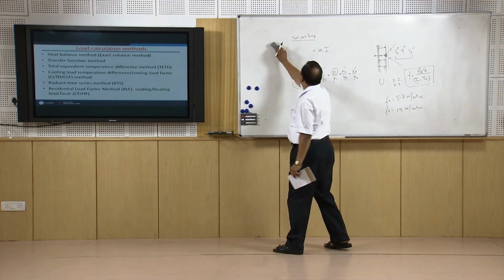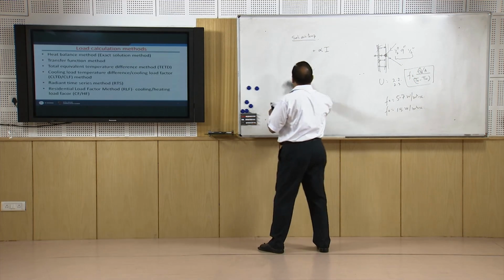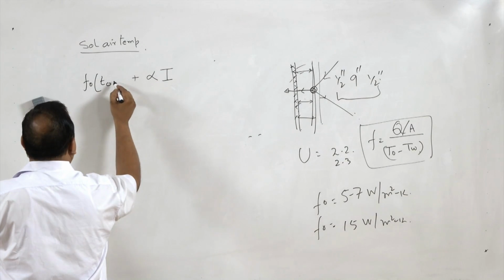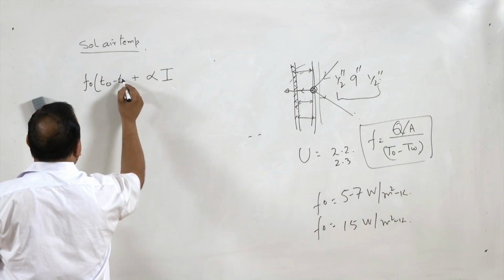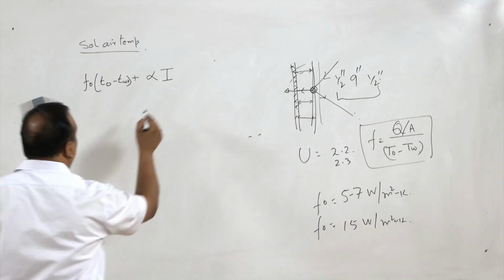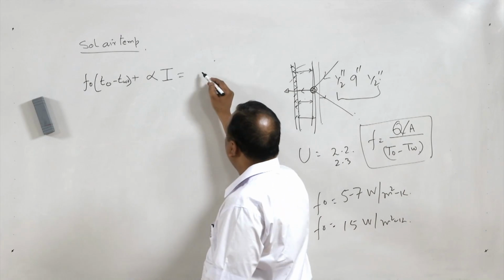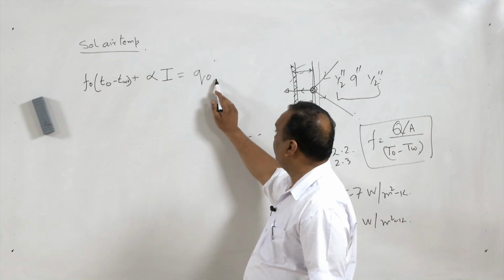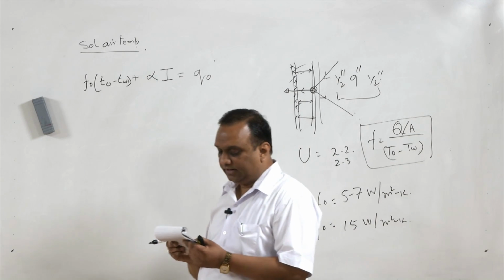Now, regarding sol-air temperature, we will take Fo, the outside film coefficient, times To minus Two, the outside wall temperature. Now, this is going to be equal to Qo per unit area. This is heat flux, or Qo per unit area.